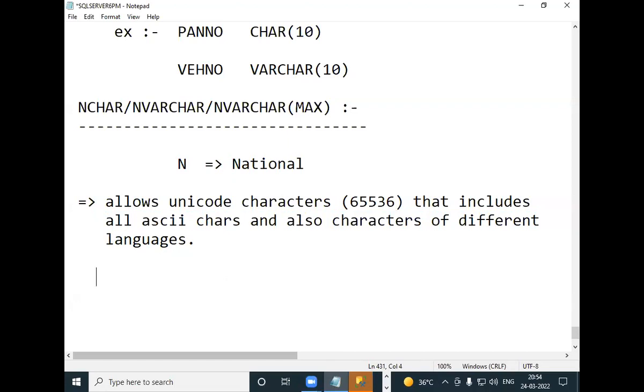All the language characters are included here. But ASCII includes only English alphabets, not other languages.